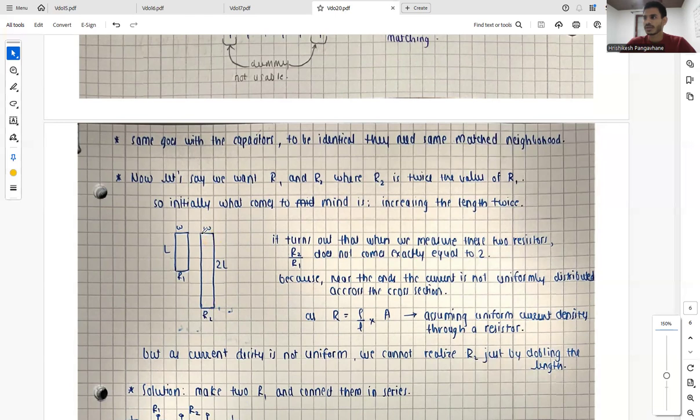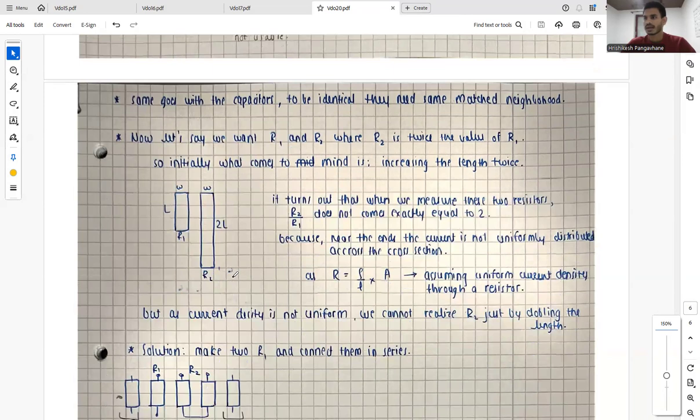As we know, resistance is given by sheet resistance times the area, and this resistance is calculated assuming uniform current density throughout the resistor. But when we double the length to get double the resistance, we come across the fact that at the ends, the current is not uniformly distributed.